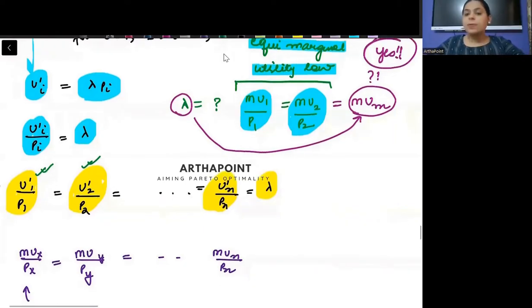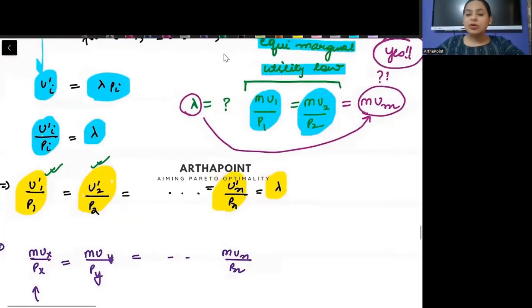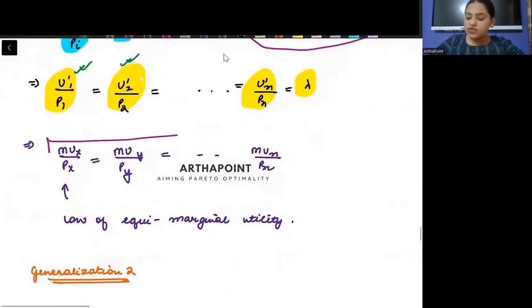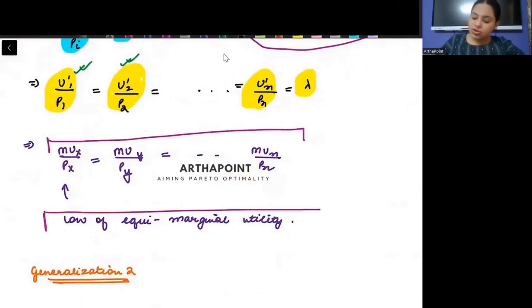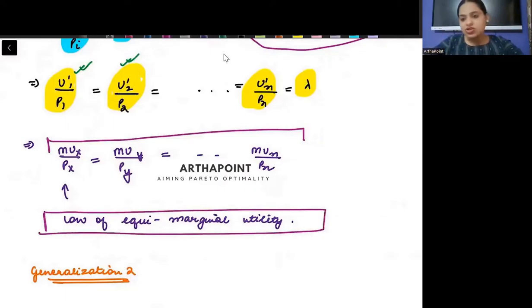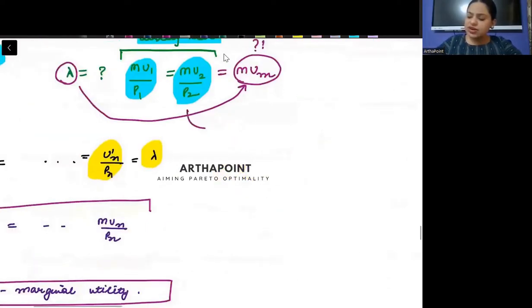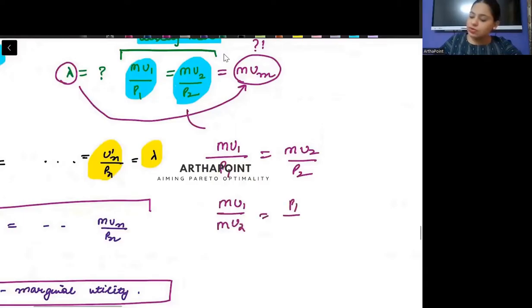That is the first point. The second thing that is important here is that this actually proves the law of equi-marginal utility. This generalization proves this law. And if I just rewrite these two things, if mu1 by p1 is equal to mu2 by p2, then won't it mean that mu1 by mu2 equals p1 by p2?